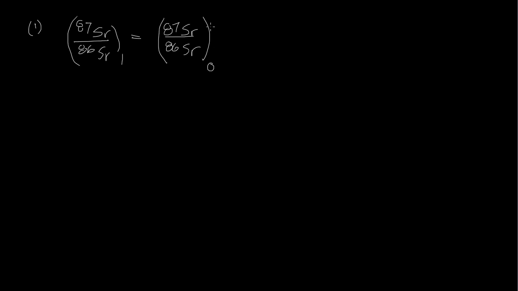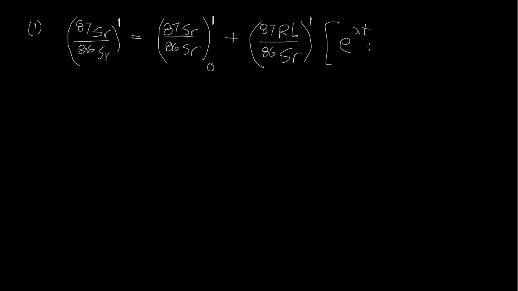Let's put the 1 up here, plus the ratio of rubidium-87 to strontium-86 for rock 1 times e to the lambda t minus 1. Okay, there's our decay equation for rock 1.